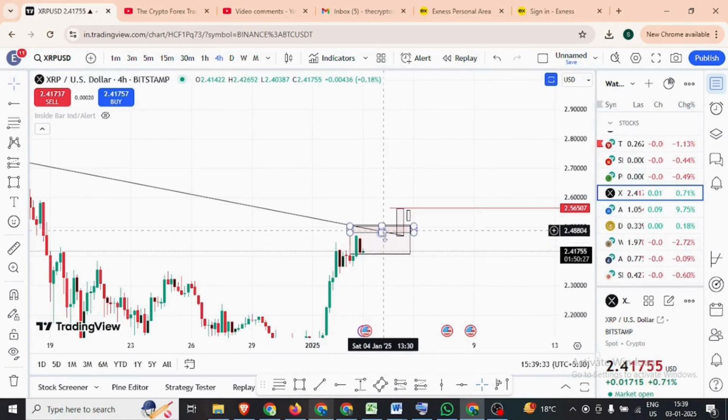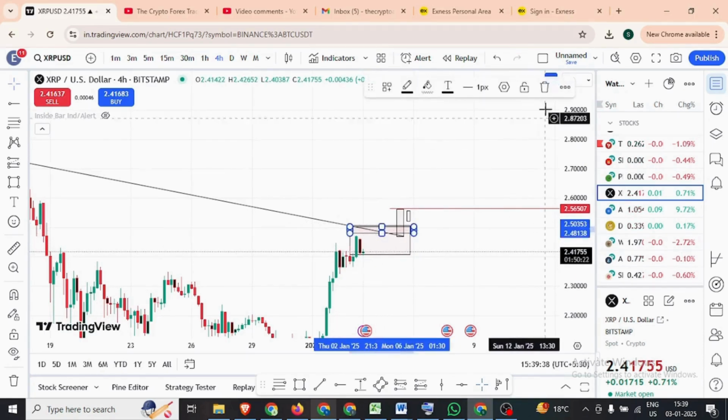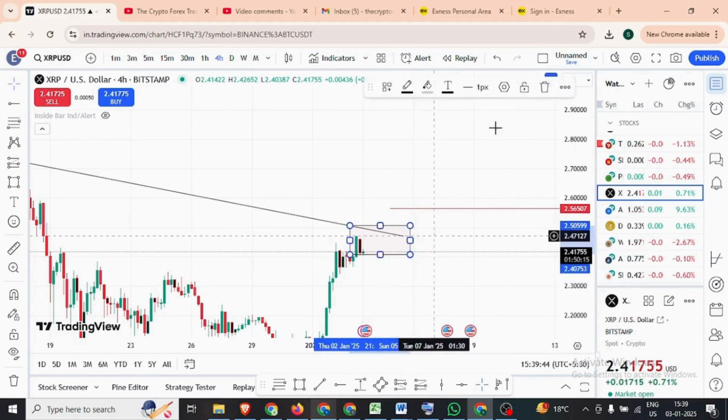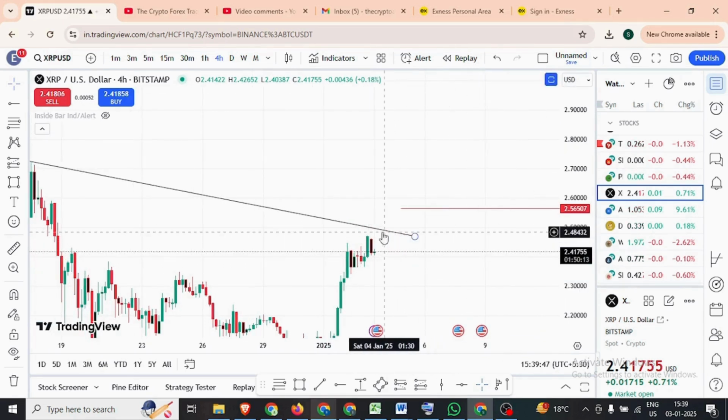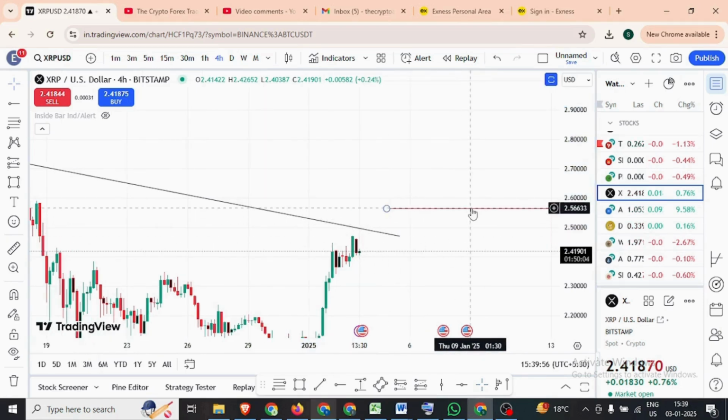And one more thing, if it breaks out this trend line right here, there is also another condition that can happen. You can look for the inside bar and then enter into a trade above the high of the mother bar candle, right? Okay, fine.